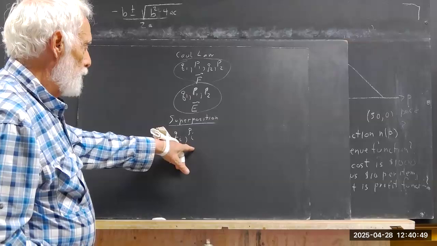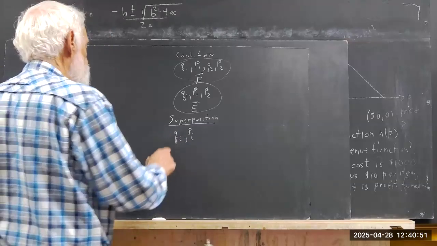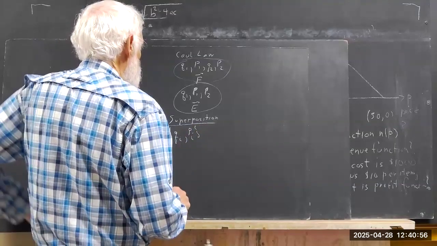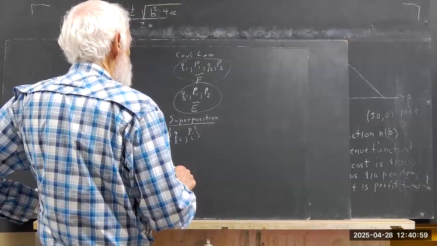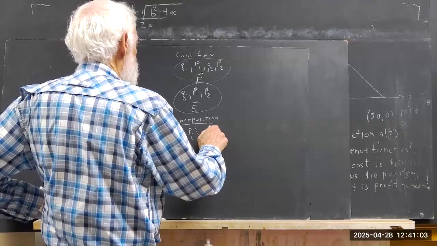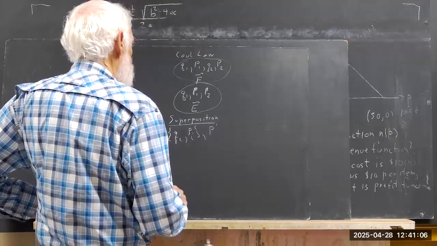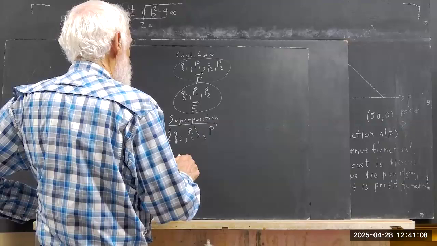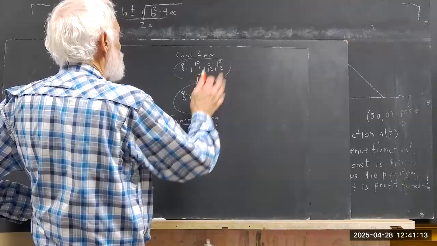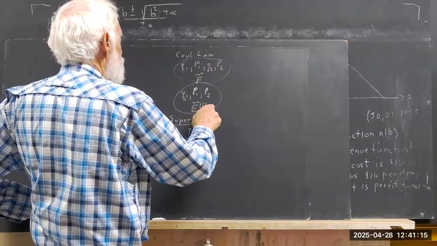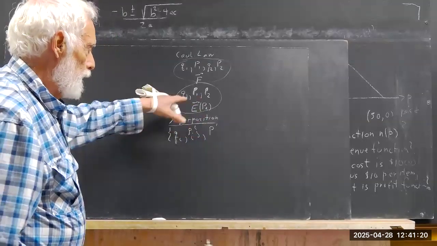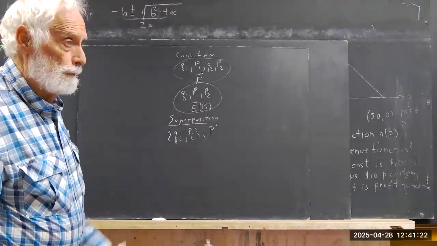Got a bunch of charges and positions, and you have P prime. E of P2 means the electric field at point P2. Okay.